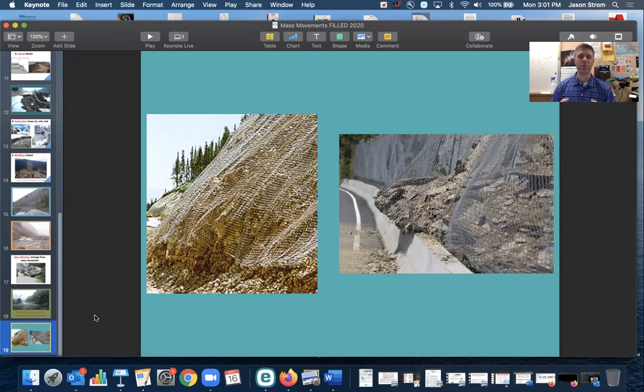But if you don't pull them as tightly, it allows for more give and more spring, so they have the strength to stop some rocks. I'm not saying they stop all of them, but they stop some rocks and can protect roadways from falling rocks. So I hope that helps a little bit with some mass movements.